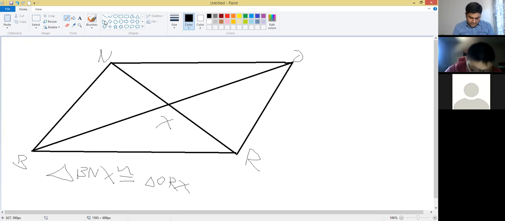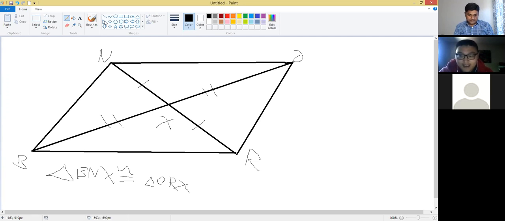Any ideas, Ilana? Oh, by the way, it didn't say it's a parallelogram. It only says the diagonals NR and BO bisect each other at X, which means they only tell you this line and this line are equal. It didn't say it's a parallelogram at all.